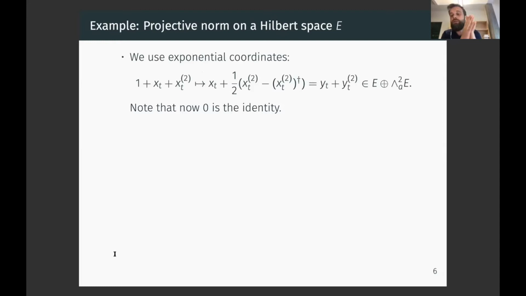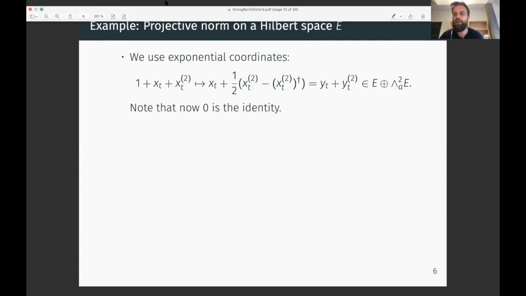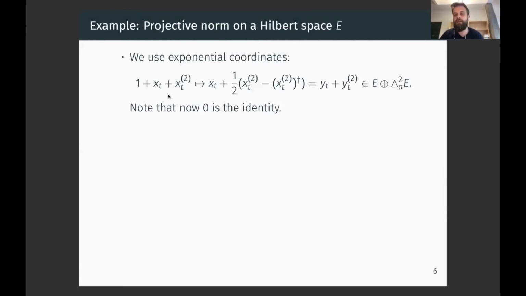When E is a Hilbert space, it will be very convenient for me to not use the standard notation of the algebra, but the exponential coordinates, meaning that I take something that's written in the tensor algebra like this, and I only look at the first order part plus the antisymmetric part of the second order part, because I'm already just working with weakly geometric rough paths, so the symmetric part is already determined.